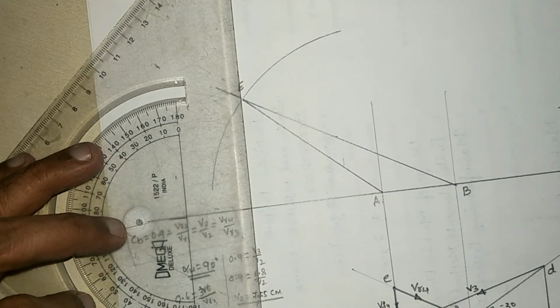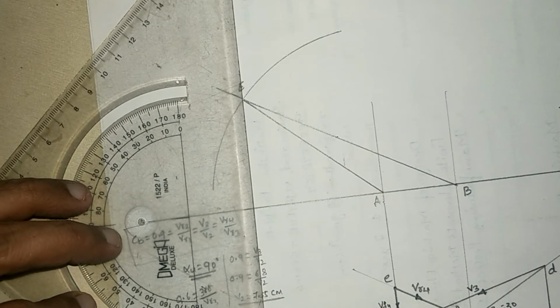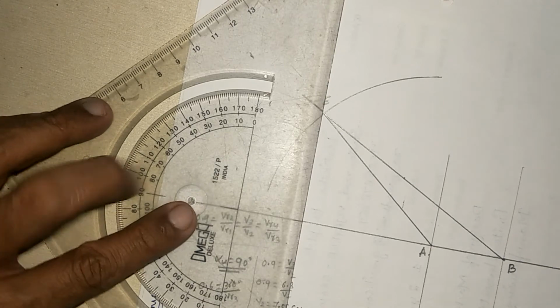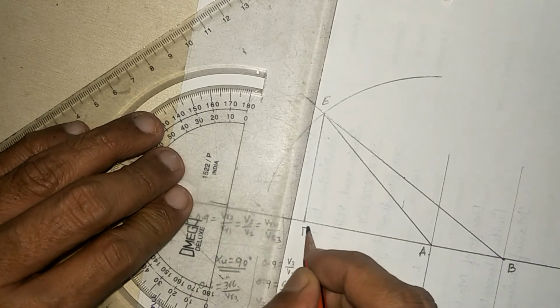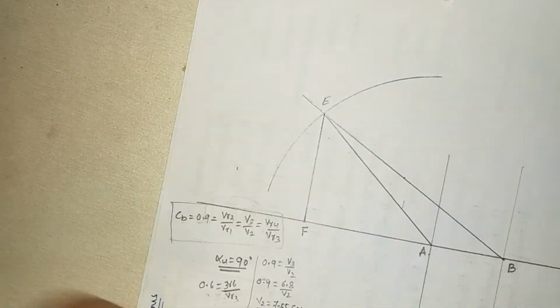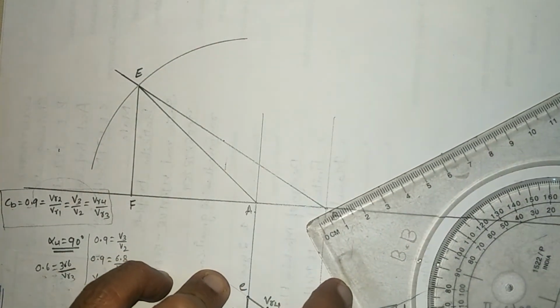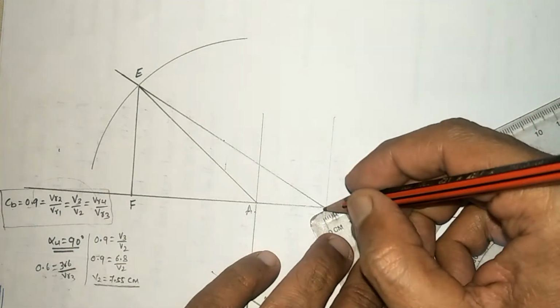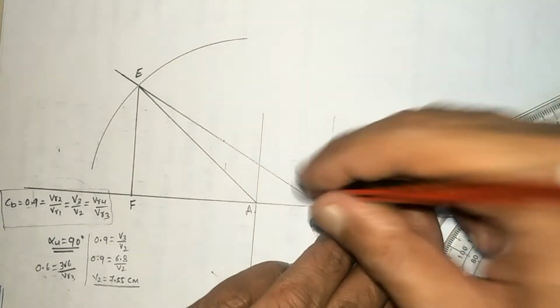From this point draw a vertical line. This is point F. At the same time you have to draw a line with respect to angle beta 1 of sufficient length, something like this.